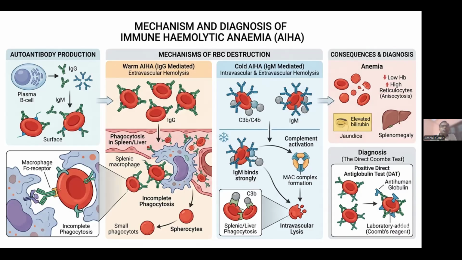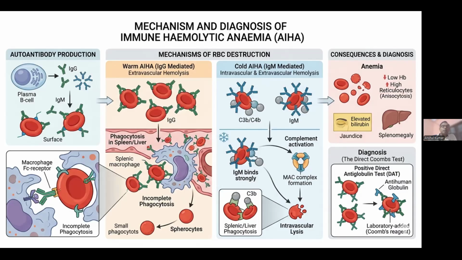There are two types of autoantibodies produced here. One is the warm autoantibody, that is warm AIHA, which is IgG mediated, and it causes extravascular hemolysis.